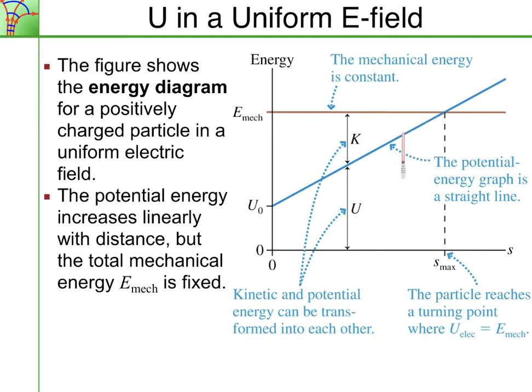And the loss of potential energy turns into kinetic energy. So at this point here, the potential energy went from maximum to here, and that difference changed into kinetic energy. If you were to look further down at this point here, it would be moving faster, and there would be less potential energy.